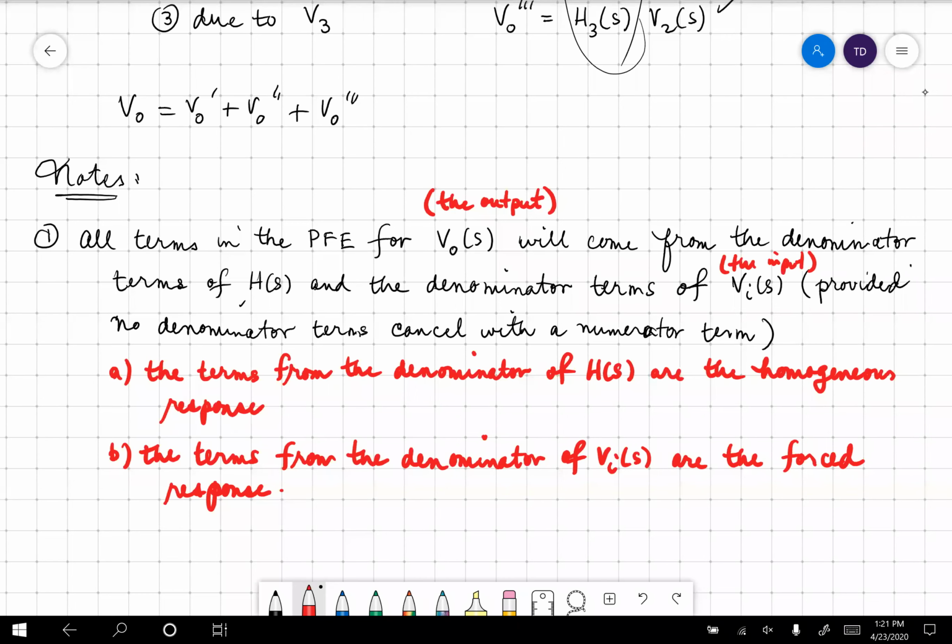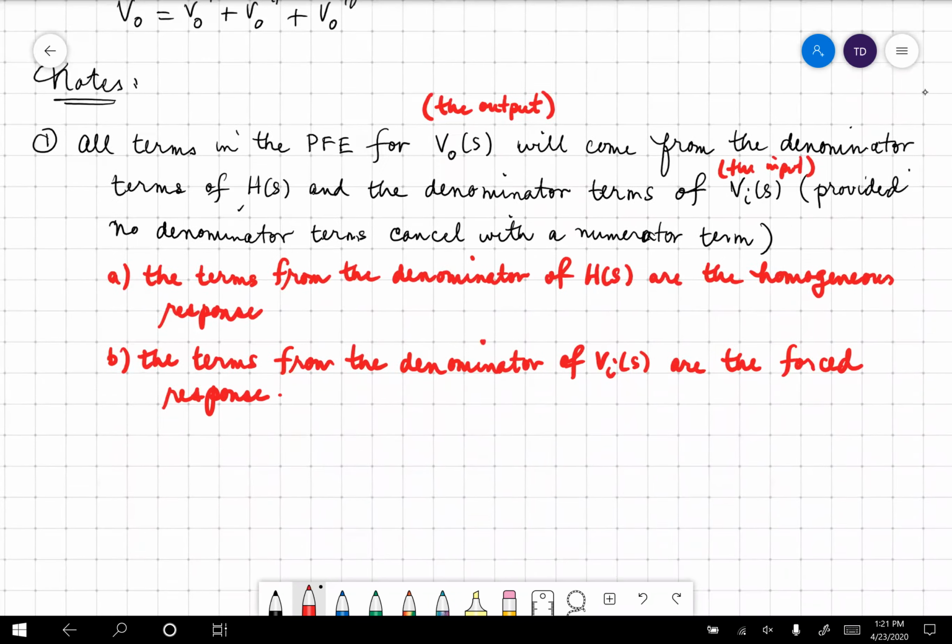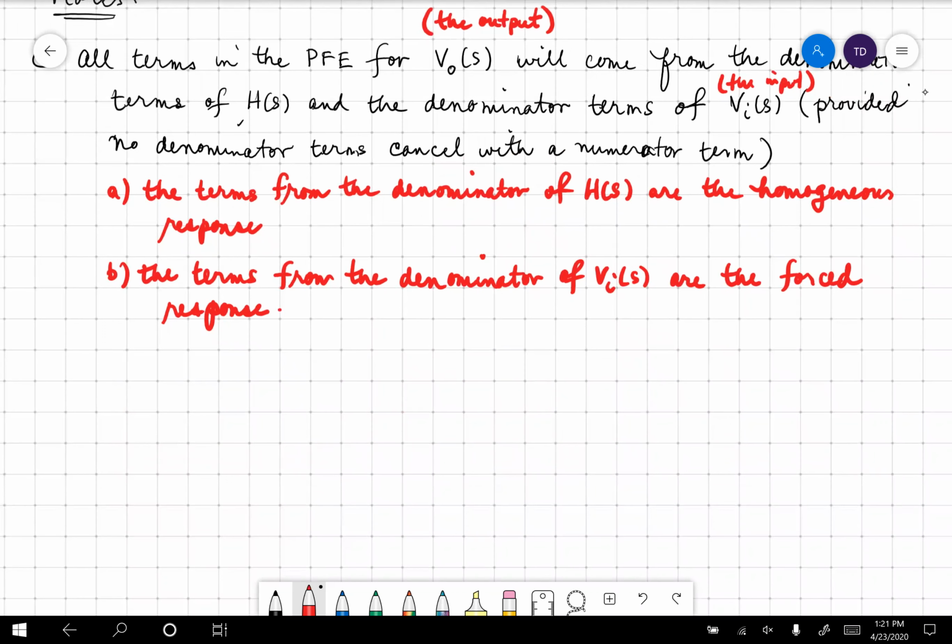Okay, unless we have that excitation at a natural frequency. I'm not going to write it down 100 times. So we can always have cancellation. We talked about that. So it's important to note that.